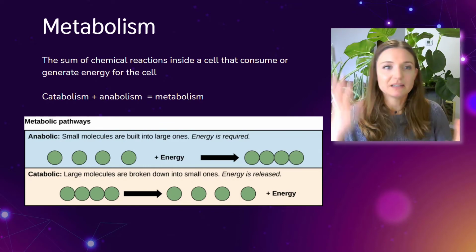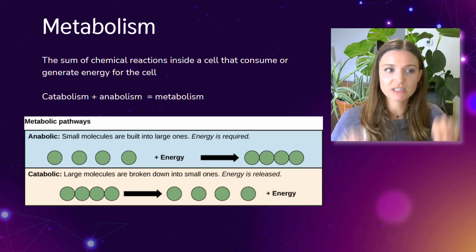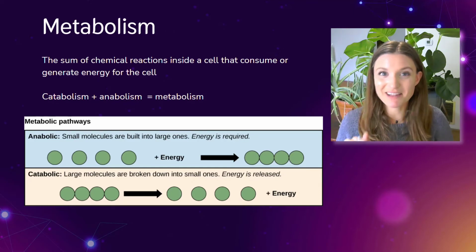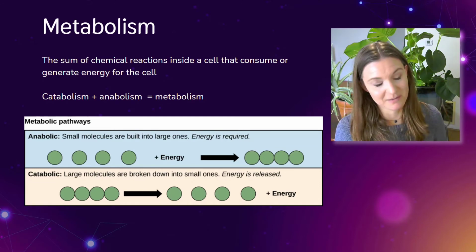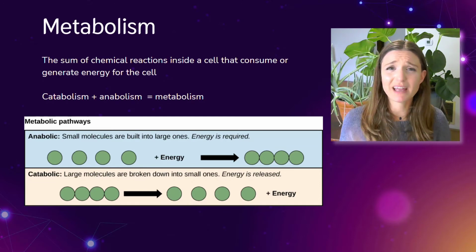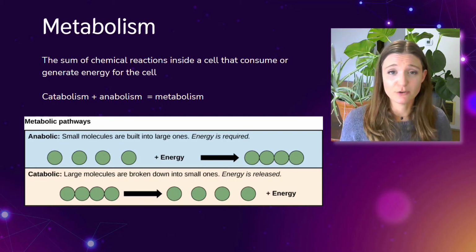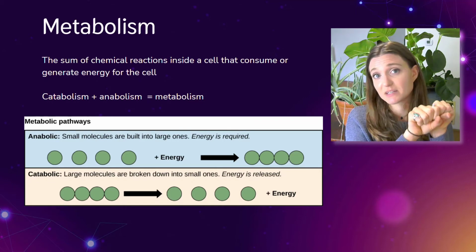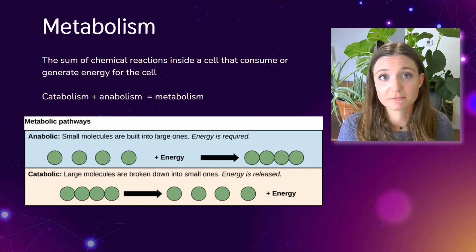So we break up metabolism into two major portions, what we call the anabolic pathways and the catabolic pathways. So anabolic pathways use energy to build molecules. Usually anabolic pathways are things like taking smaller molecules and connecting them together to make larger molecules.